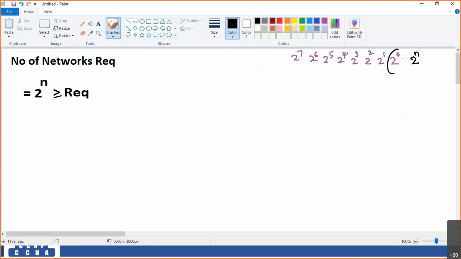Any number power 0 is 1, then 2, 4, 8, 16, 32, 64, and 128. 2 power 6 is 64 and 2 power 7 is 128.